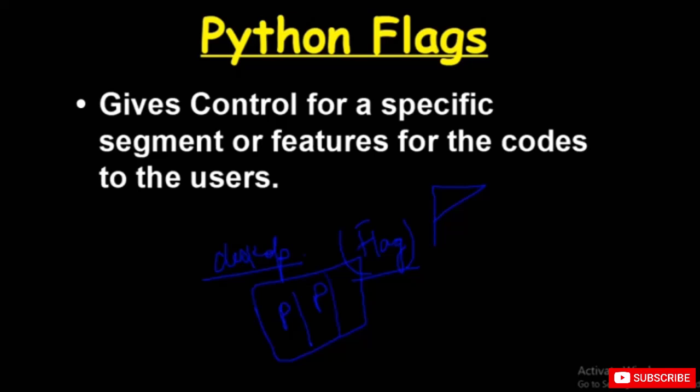It gives the user control over a specific segment or feature in the code. It allows us to flag something, meaning we can even come back and make some changes on that part. That's basically what the flag means.